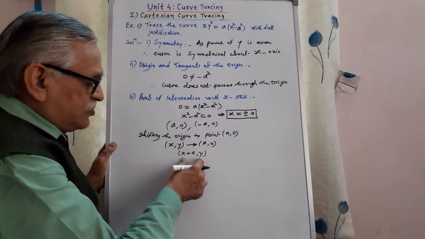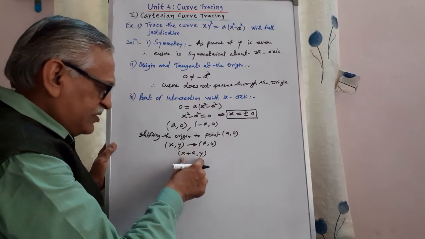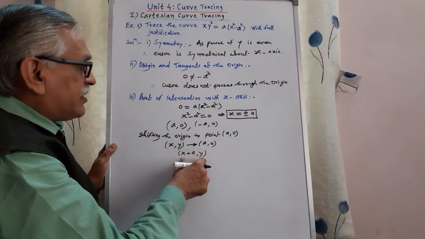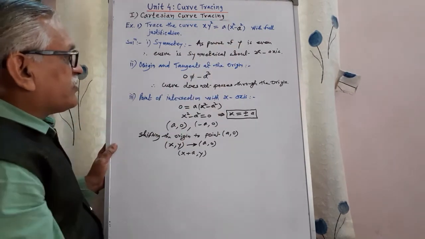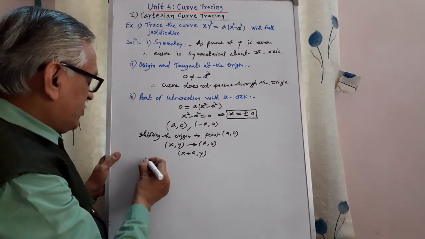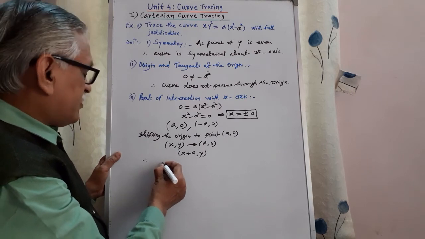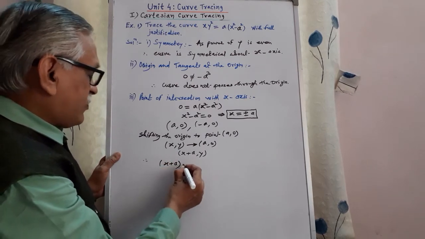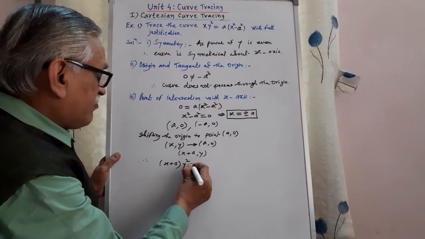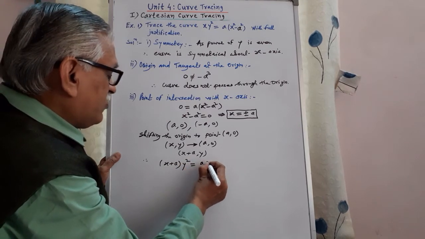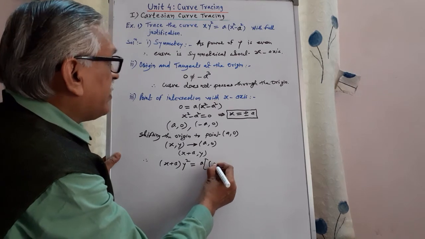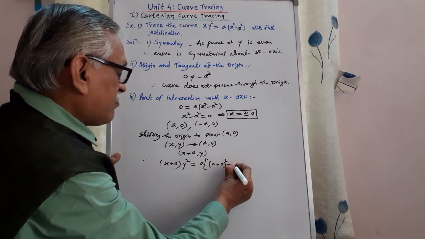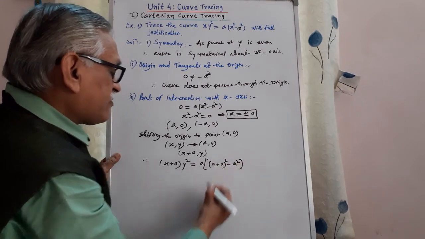And as curve is passing through this point, it will lie on that curve, and it will satisfy that equation, and therefore the new equation is x into y square equals a into x plus a bracket square minus a square.